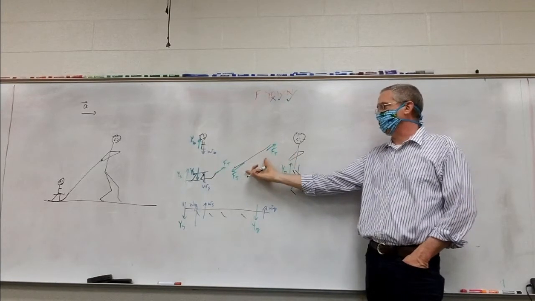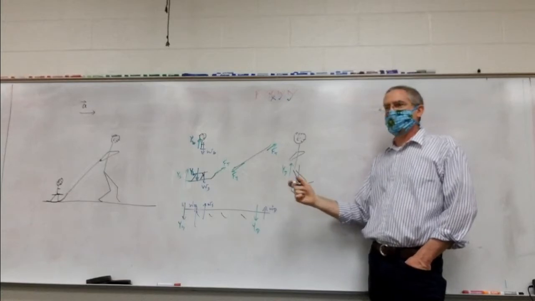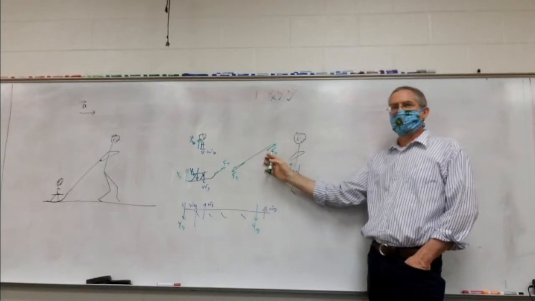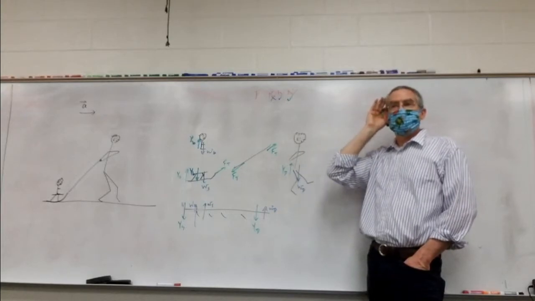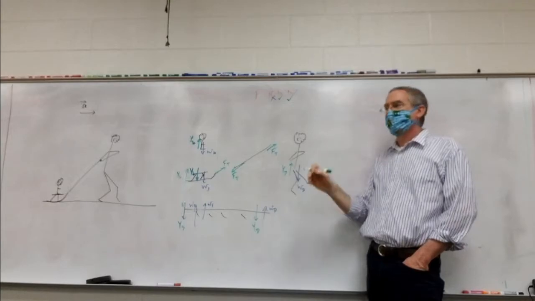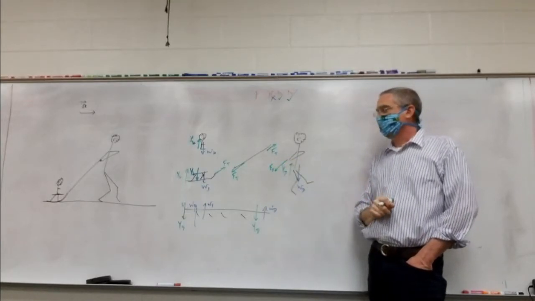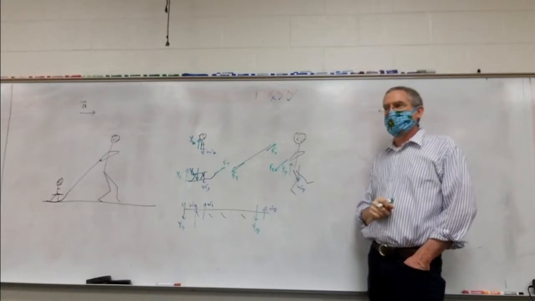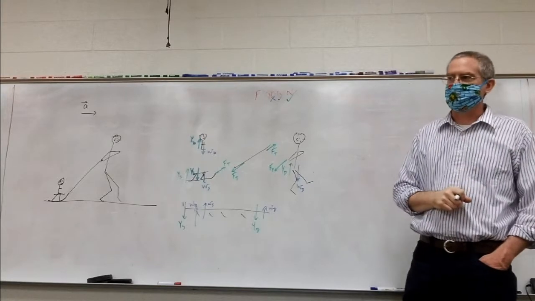Again, it's an ideal rope, so these don't need a subscript. Where's the other part of this pair right here? That's on the dad's on. Okay, which way is it acting on dad? Give people a chance to write this down, then I'll talk about the most common mistake I see here.